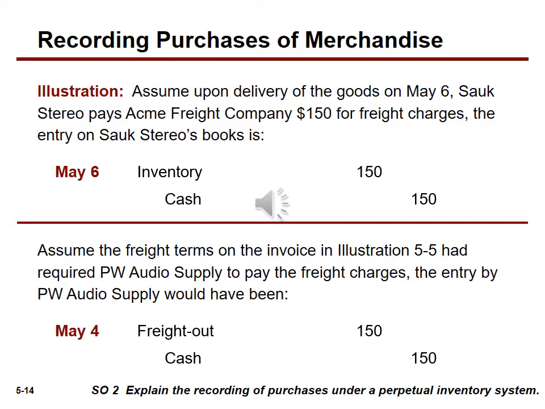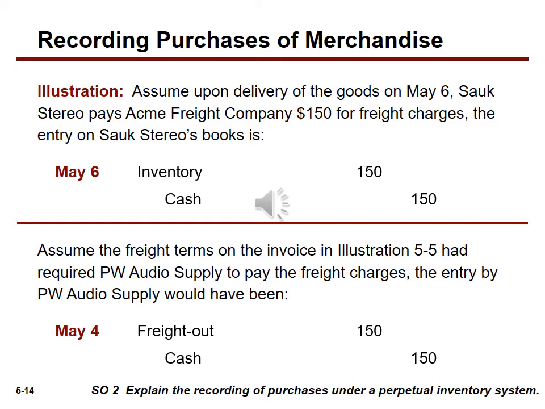Now, in that case, as you can see, they are recording these freight charges as part of the cost of their inventory. So they're not recording it as an expense, they're just recording it as a part of the value of the asset or the inventory that they have purchased.